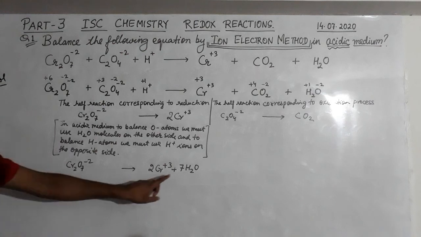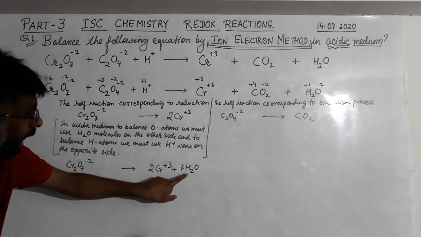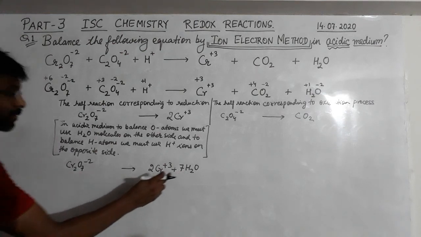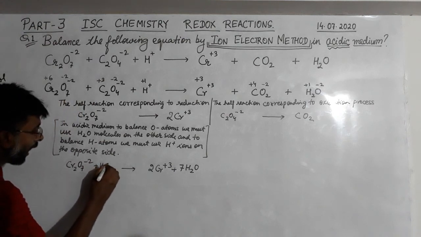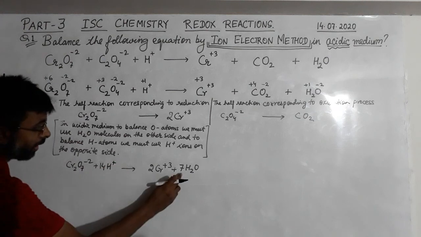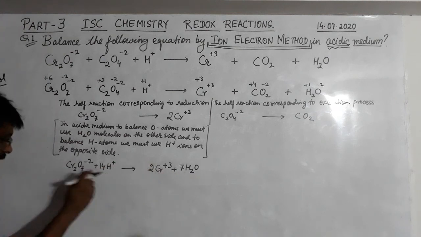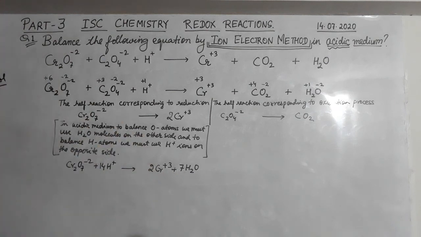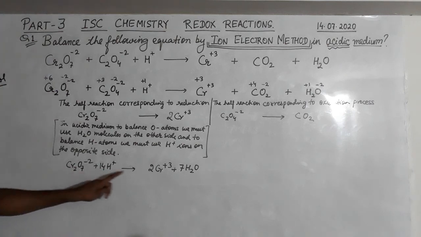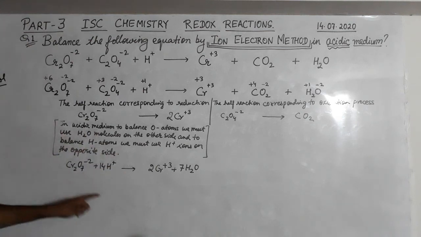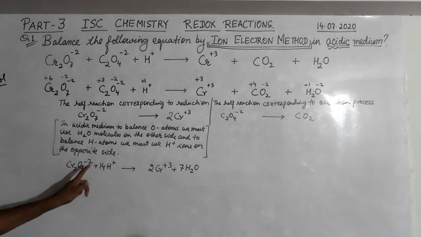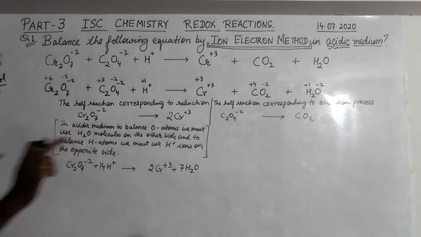But as soon as I put 7 H2O, hydrogen has become 14. So I must balance the hydrogen also. Here I will put plus 14 H plus. Now this reduction half reaction is balanced with respect to the atoms: hydrogen 14, oxygen 7, chromium 2.